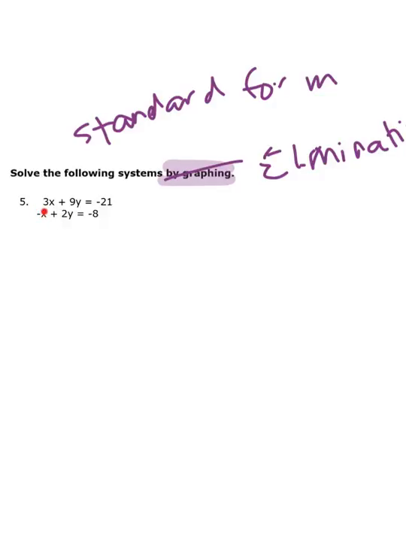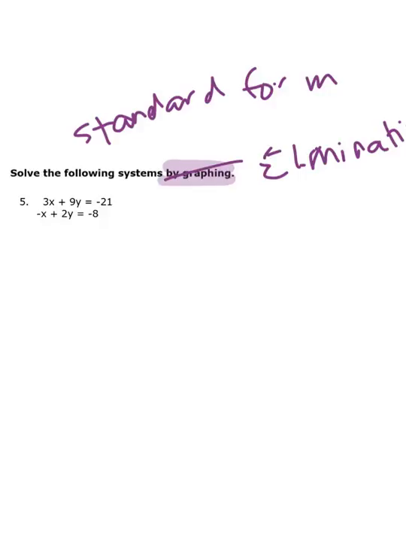I have a 3x and a negative x, 9y and 2y. Based off what's here, I'm going to find it more beneficial to eliminate the x, because I already have a positive and a negative. I just need to make this a negative 3x.